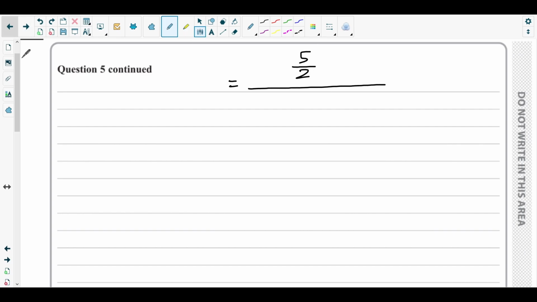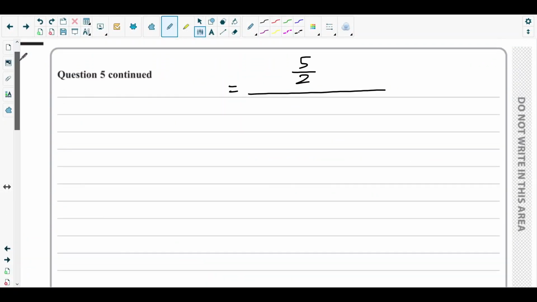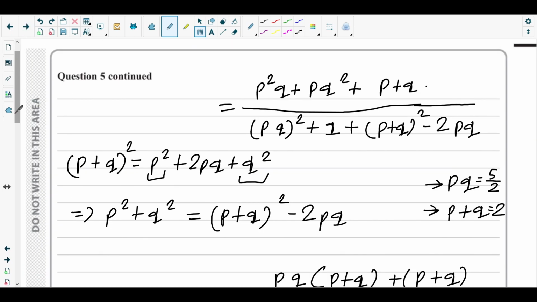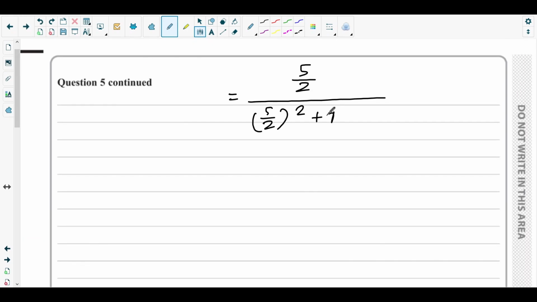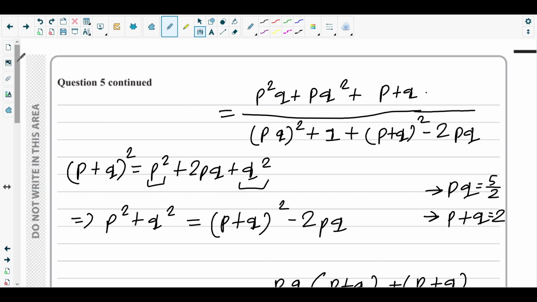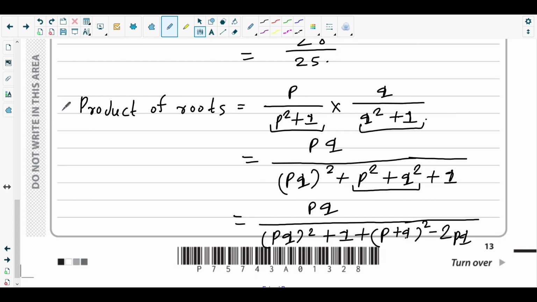We have p squared q squared, so (pq) whole squared, which is (5 over 2) whole squared, plus 1, plus (p plus q) whole squared, which is 2 squared, minus 2 times 5 over 2.